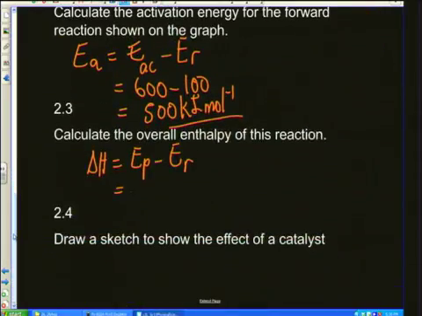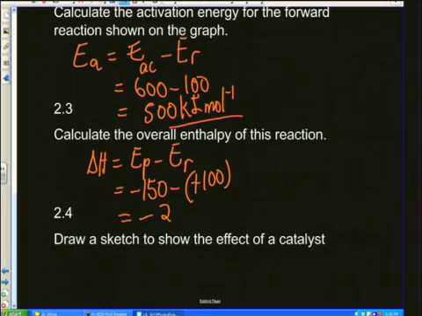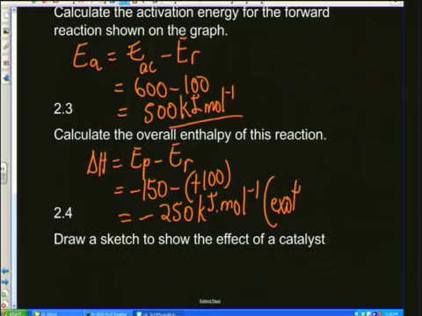So products, minus 150 minus plus 100. This will work out to give you minus 250 kilojoules per mole. That tells you that this reaction is, of course, exothermic. All right? I wasn't asked to do that, but that tells me that's what's happening.